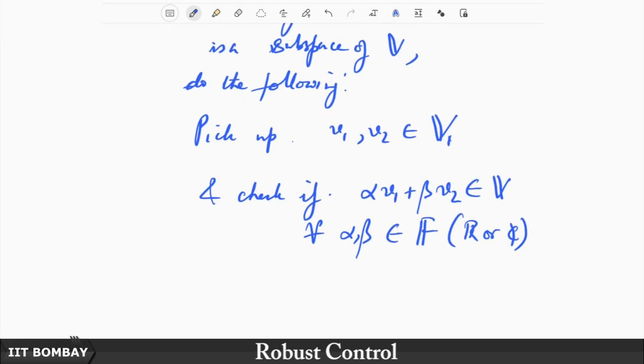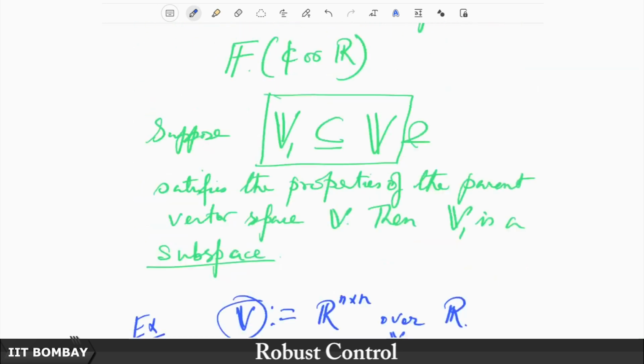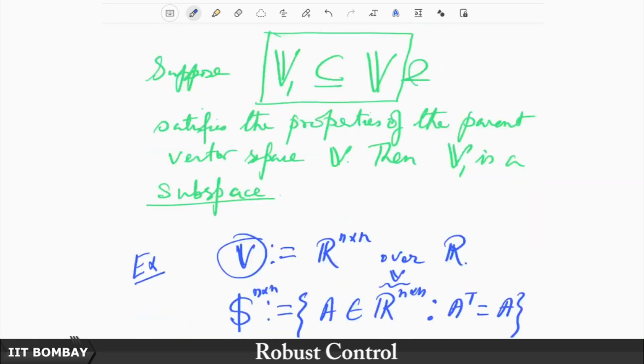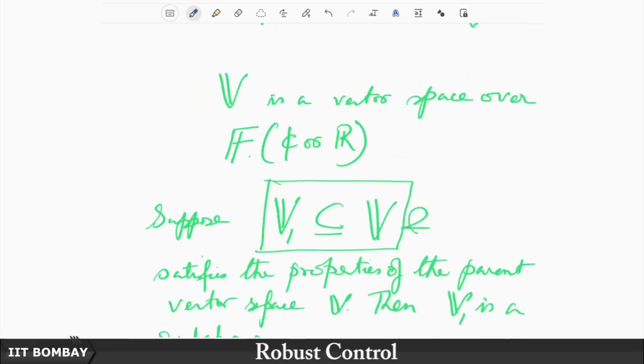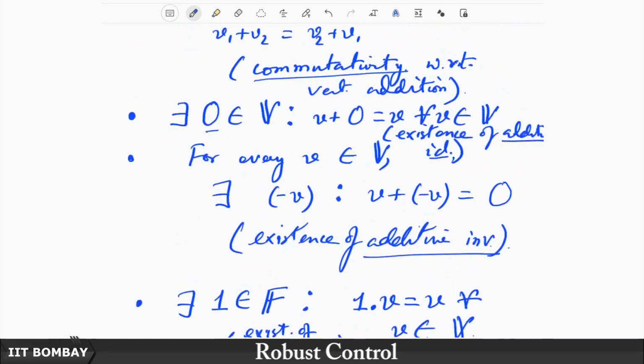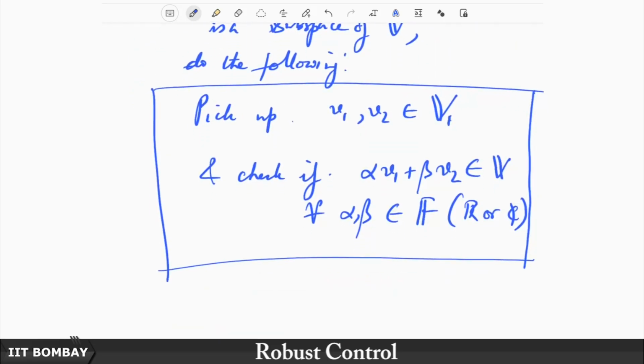So, you do this for any two elements V1 and V2, and you do this for every element likewise. First you pick out any two, and if it holds true for all of them, then you pick out any other two, for all values of alpha and beta. You will see that checking just this property is equivalent to checking all of those 10 properties. You can choose your alpha and beta in a clever way to show that each of these properties will be satisfied if and only if this test is passed.